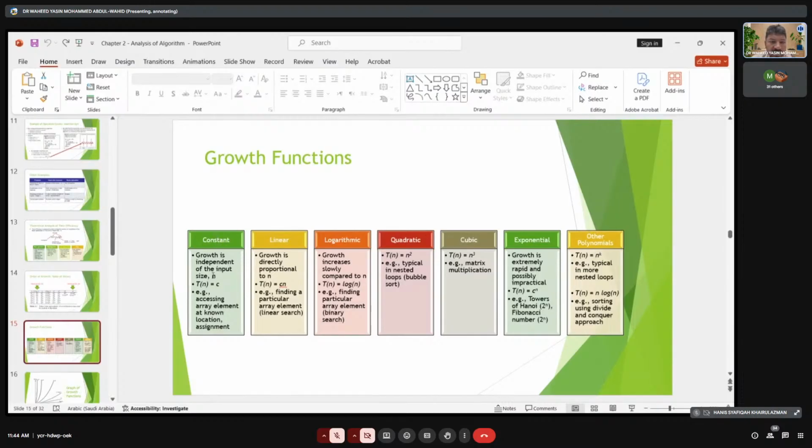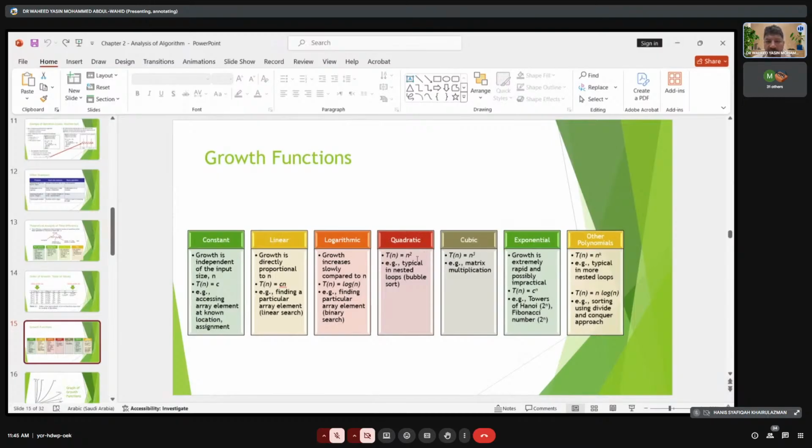Constant growth is independent of the input size n, T(n) equals c. Example: accessing an array element at a known location. Linear growth is directly proportional to n, T(n) equals cn, for example finding a particular array element by linear search. Logarithmic growth increases slowly compared to n, T(n) equals log n. Example: finding a particular array element by binary search. Binary search takes log n.